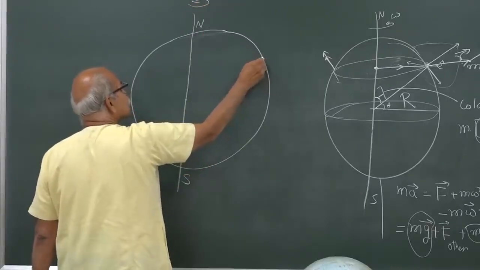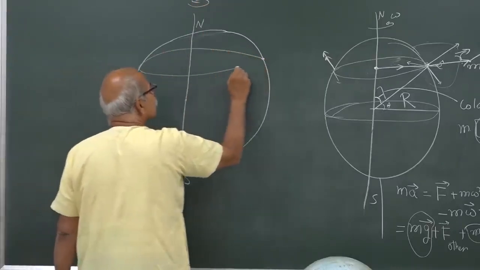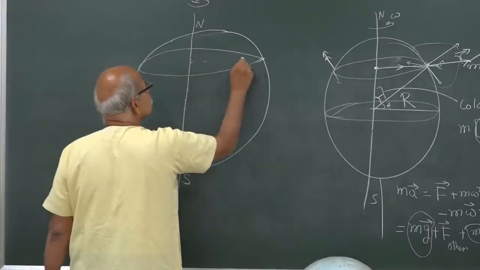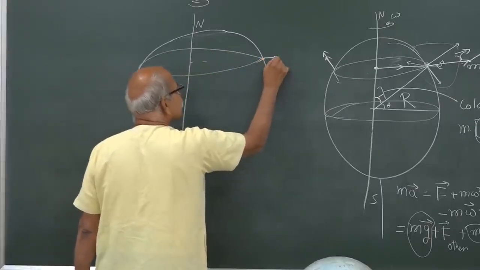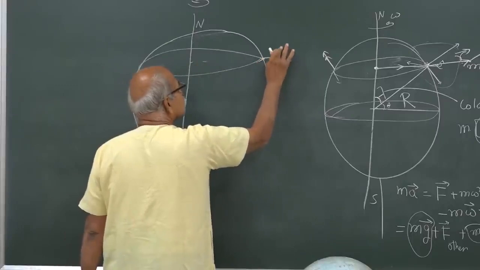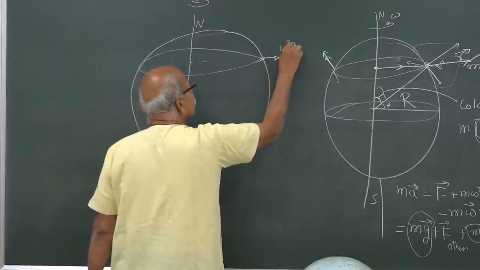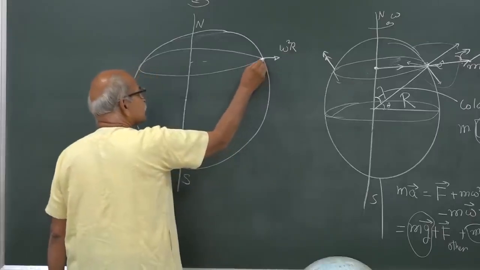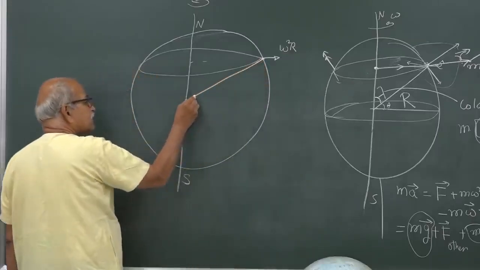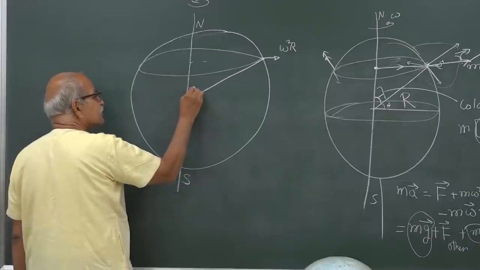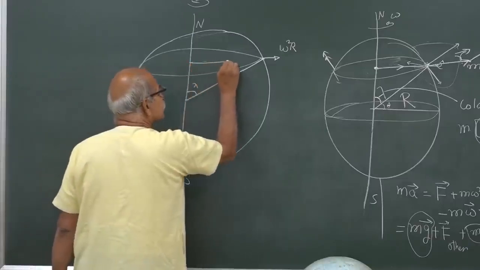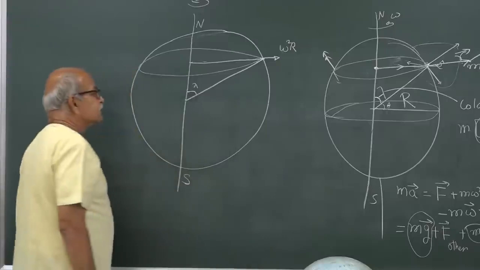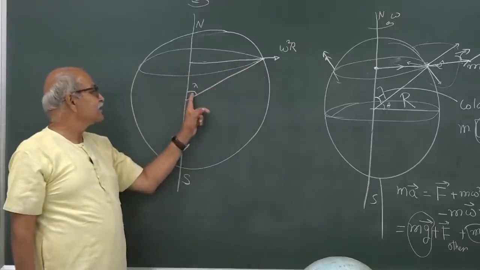So, this point is also going in that circle, and then this is the direction in which I have to write that omega square R sin lambda. This angle is lambda, and this is a right angle, this is a right angle triangle, and this is lambda.